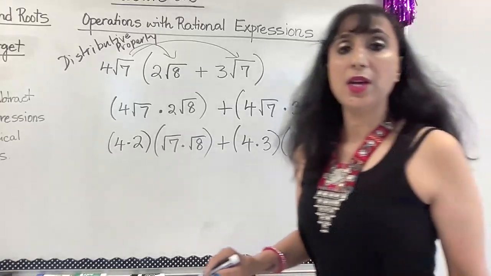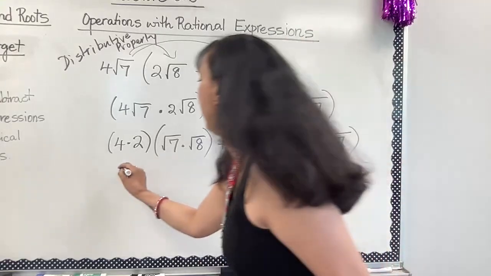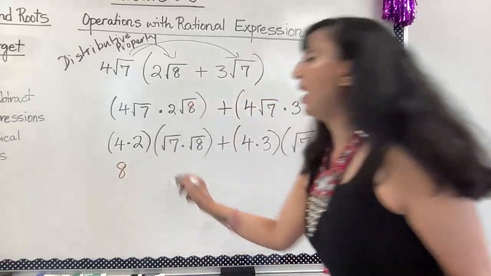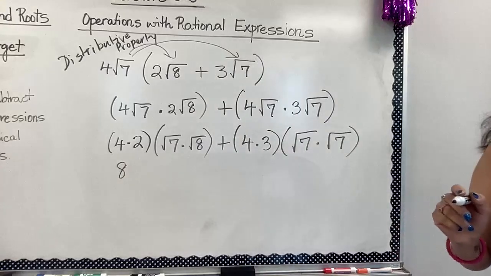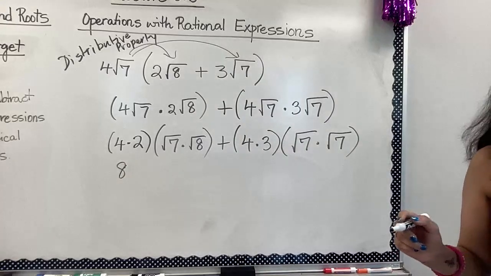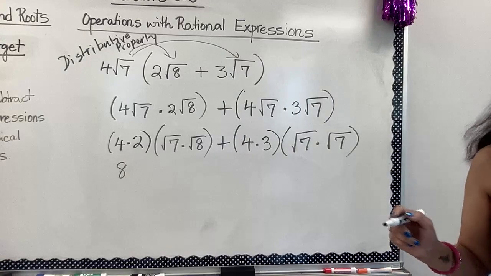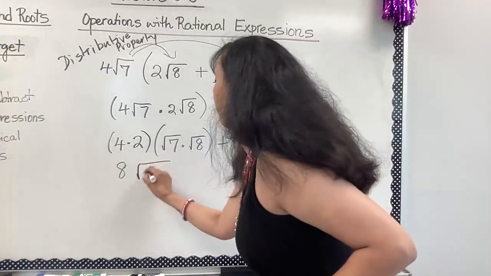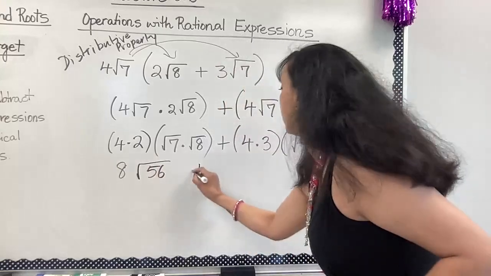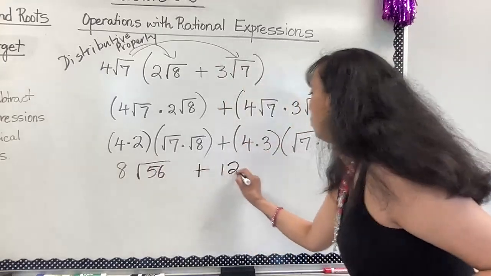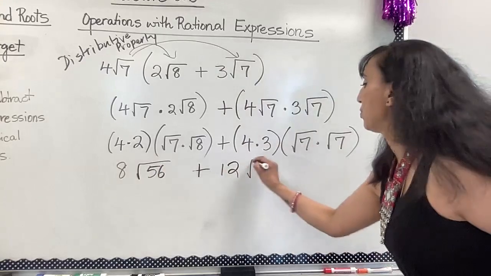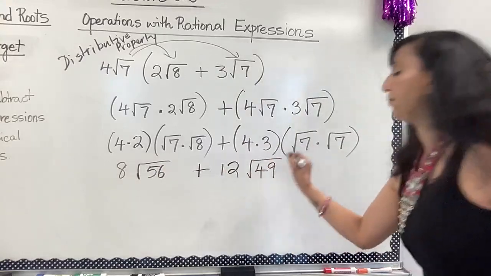Okay, so what is 4 times 2? I get 8. And then I have, what is root 7 times root 8? That is going to give me 56. All right, plus 4 times 3 gives me 12. And root 7 times root 7 gives me 49.